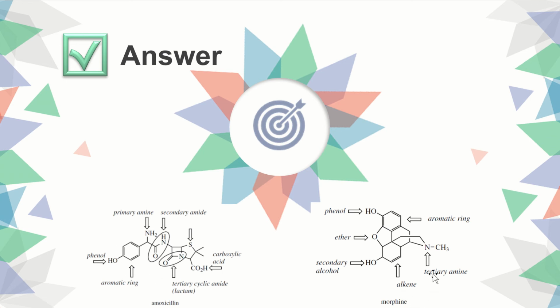That is for our amoxicillin. And for our morphine, we have a similar arrangement here. In this case we have a tertiary amine here, a secondary alcohol or ether, and of course our alkene. We haven't mentioned them in either of them, but we also have our alkanes.